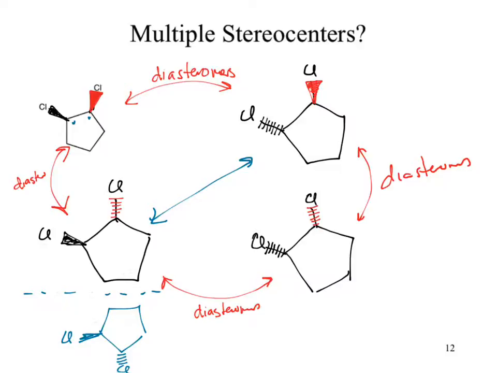So these are mirror images. These are non-superimposable. The blue and the top are identical. Okay. These two were identical, which means these two being non-superimposable, these two mirror images means these two are non-superimposable mirror images, making them enantiomers.